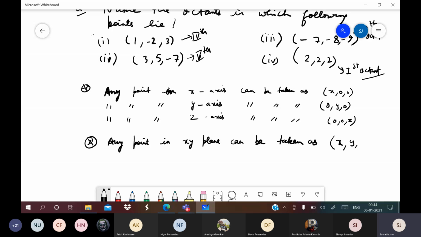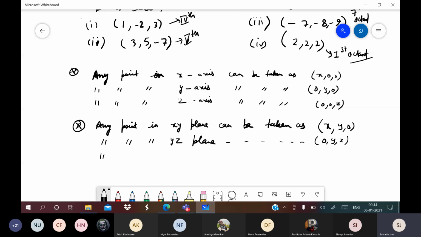So what is missing? z. z will be 0. Similarly, any point in the yz plane can be taken as 0, y, z. Symmetry is also there, so you can easily remember these things, right? Any point in the zx plane can be taken as x, 0, z.